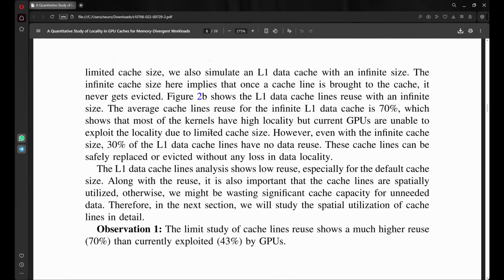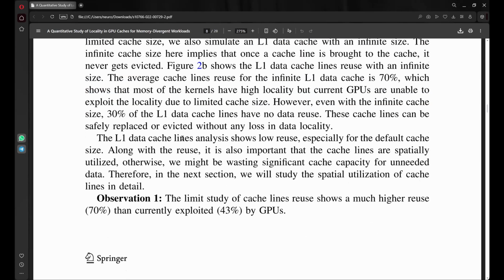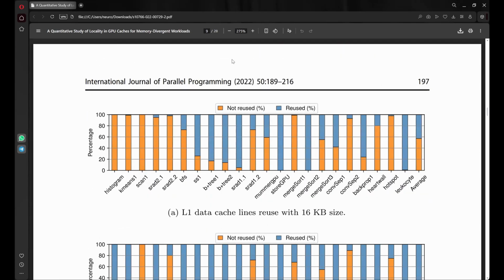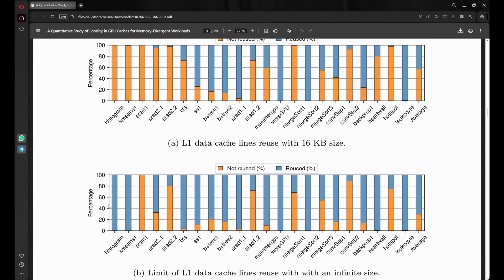I don't know what the benchmark is normally, but what the paper establishes is that if you had infinite cache size, the maximum amount of cache line reuse that you're going to see across all of these workloads is 70%. So if we look at the graph over here, we see some at 100% reused, and some at 100% not reused. But this is ideally what we want.